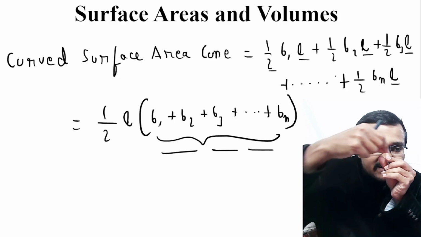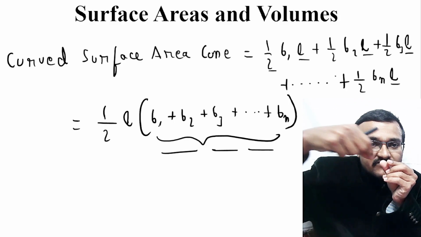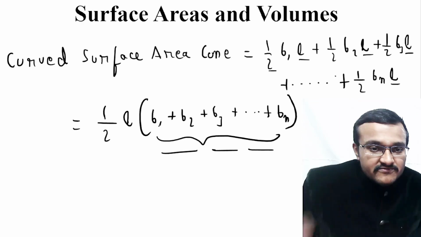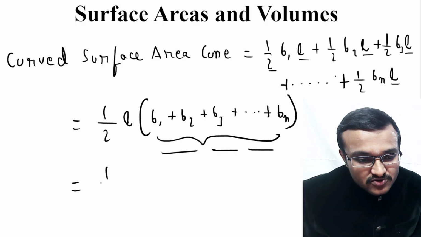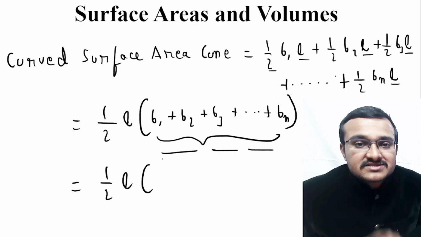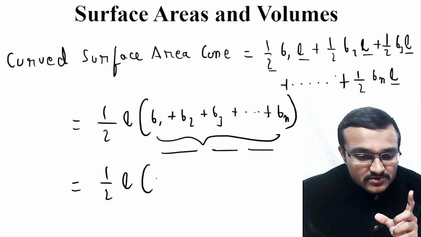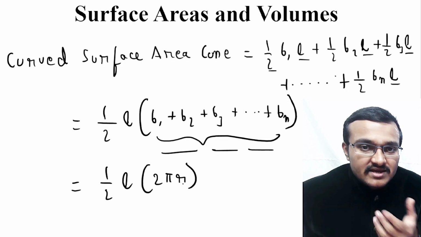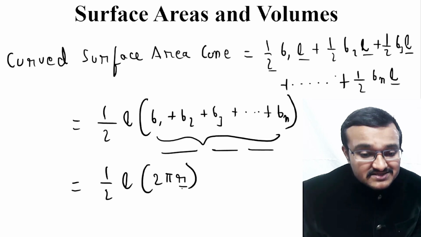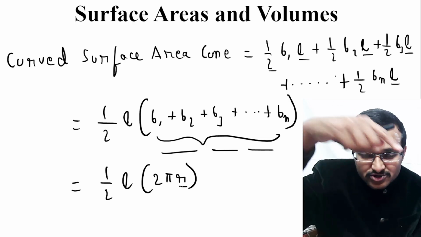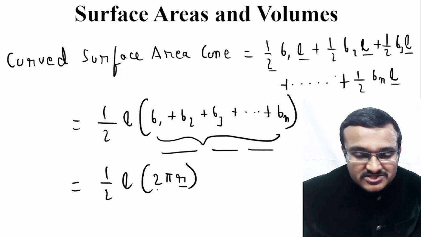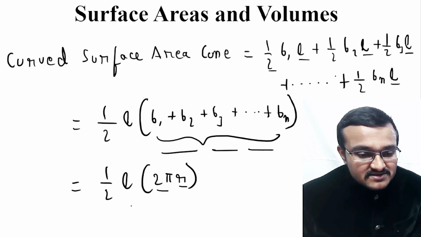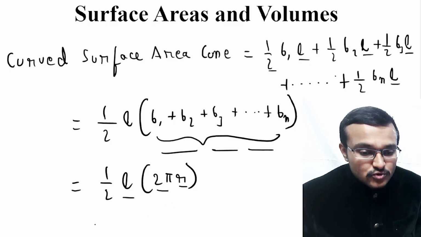Here we are adding the individual parts of that circle on top of the cone. So half L into what is the circumference value? We know the circumference is equal to 2 pi r, where r is the radius of the circle on top of the cone, and 2 pi are constants. L is the slant height of the cone.